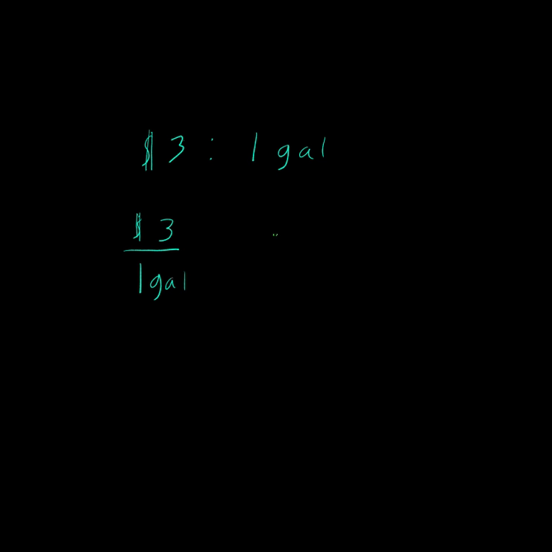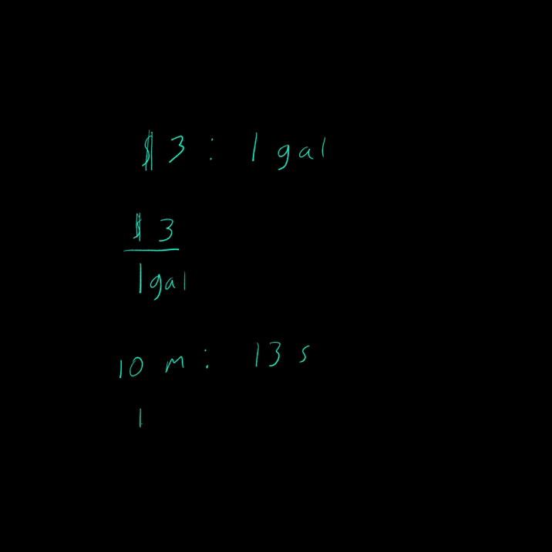This is actually an example of a unit rate, where one of the values being compared to has a value of 1. So this is a rate, and what's more, it is a unit rate because we have 1 gallon of gasoline. We are comparing some amount of money to 1 unit of gasoline. So what are some other examples of rates? We could have 10 meters to 13 seconds.